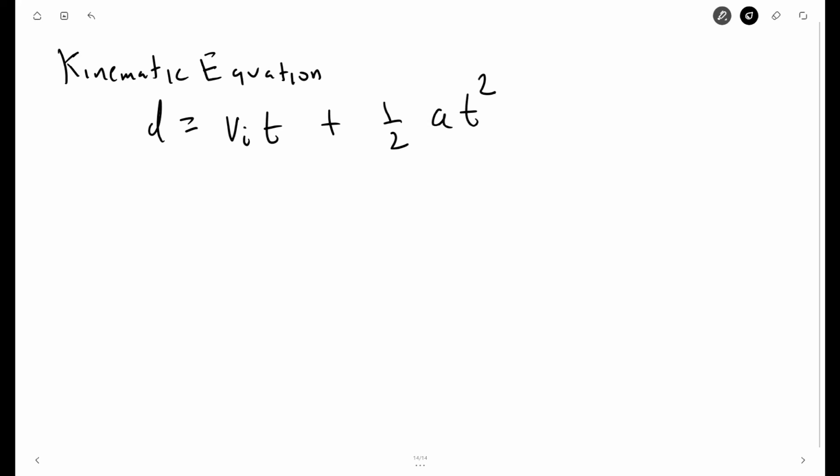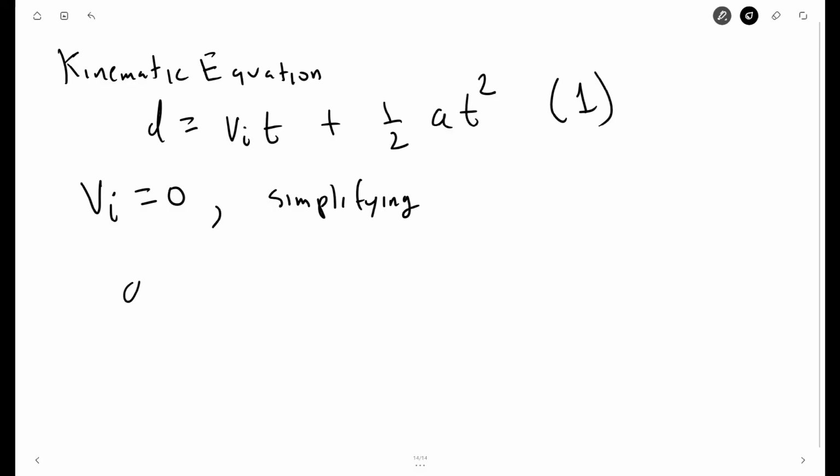Because we're talking about acceleration from rest, the object doesn't have any velocity at the beginning. So that means that v initial is equal to 0. So simplifying the kinematic equation, we can call it kinematic 1.